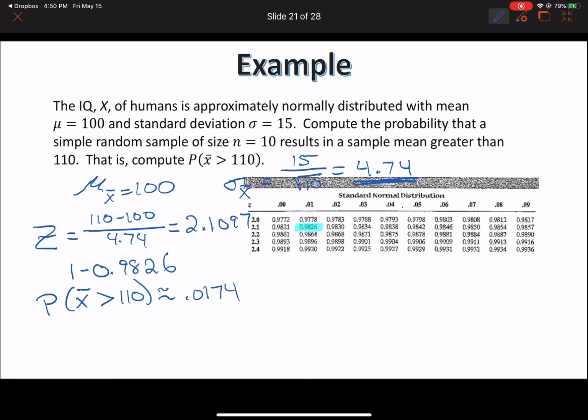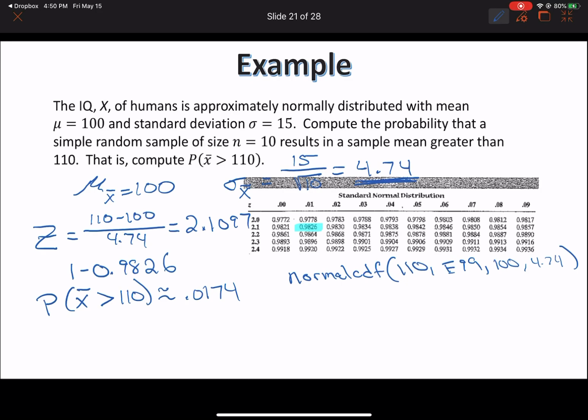Now you can go ahead and put that in your calculator. If you put that into your calculator, you would do normal CDF. Your lower bound would be 110. Upper bound would be infinity. Mu is 100. Standard deviation is 4.74. I don't think I put this in my calculator, so I'm going to put that in my calculator right now.